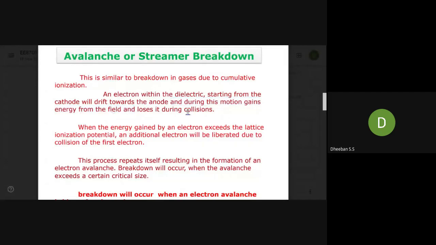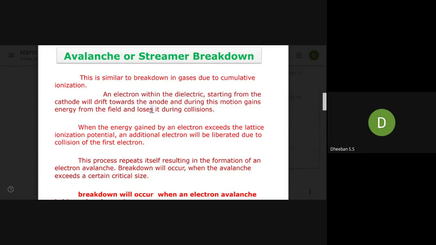This is similar to the avalanche breakdown you have seen, which you might have studied in your electron devices subject. It is nothing but a breakdown which occurs due to the presence of field.